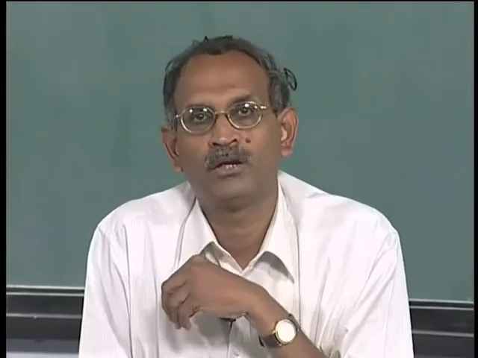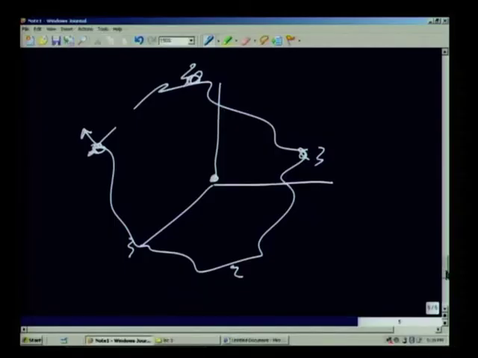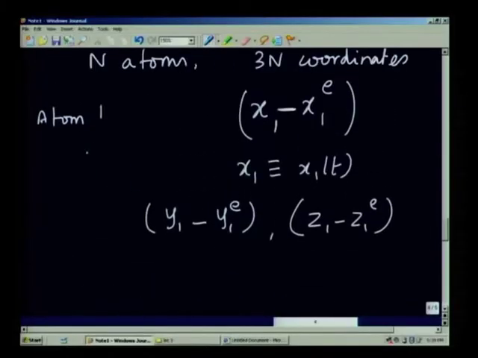Let us assume that we can assign an axis system, and we can find out how this atom goes away with respect to its equilibrium position during the vibration. That vibrational vector amplitude is projected onto this axis system into 3 components, x component, y component and z component, and let us call those the 3 coordinates for atom 1.